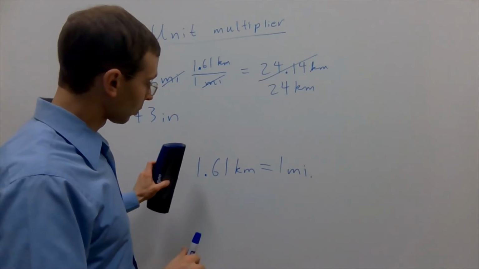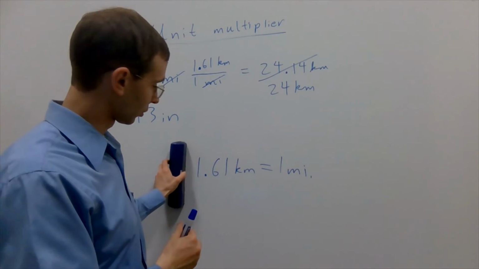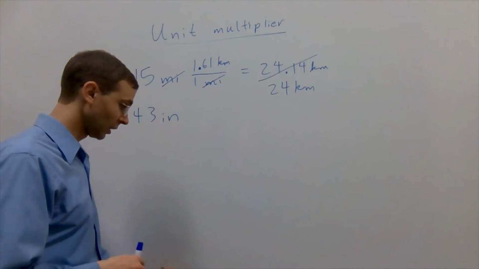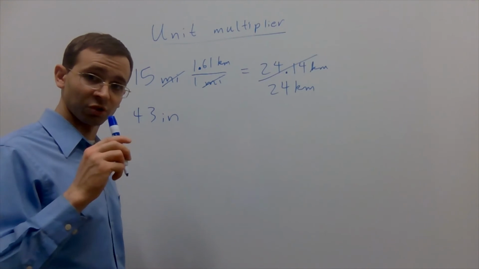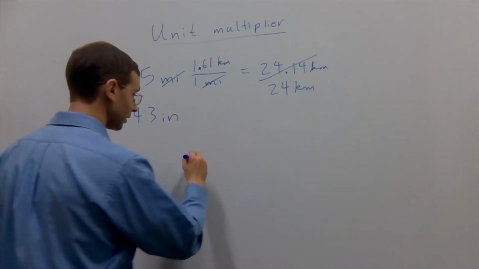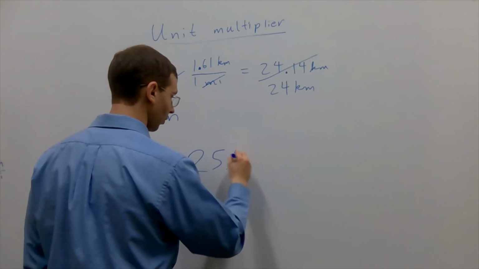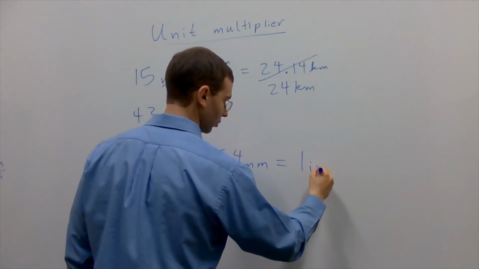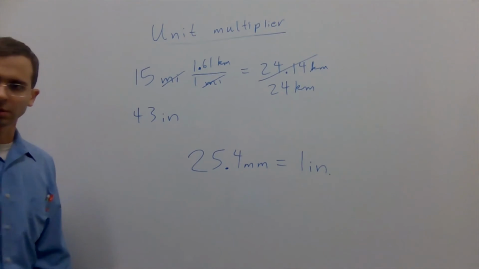It may not be too valuable to memorize this particular conversion here, the 1.61 kilometers per mile, but another conversion that is very important and should probably be committed to memory by anybody in our industry is that there are 25.4 millimeters in every inch. All right.